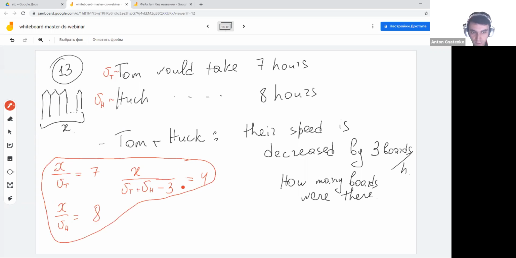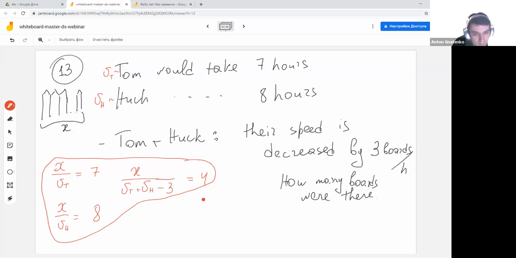So there are 3 equations and actually 3 variables: X, VT, and VH. So it is now easily solvable.